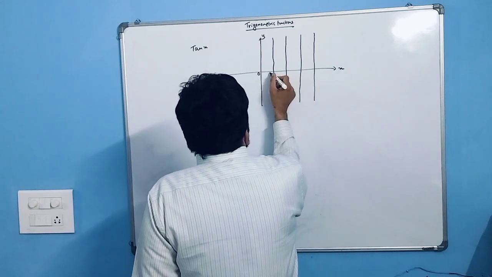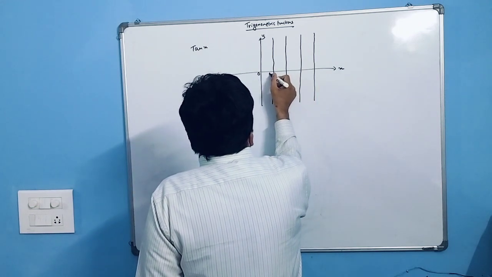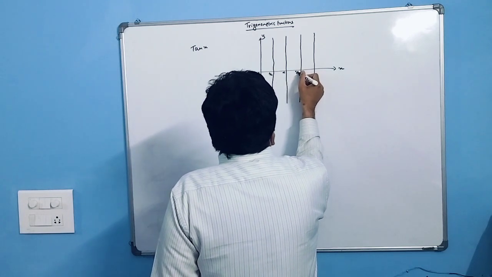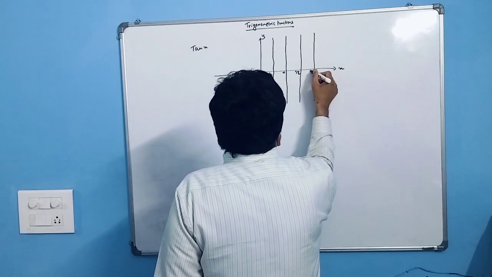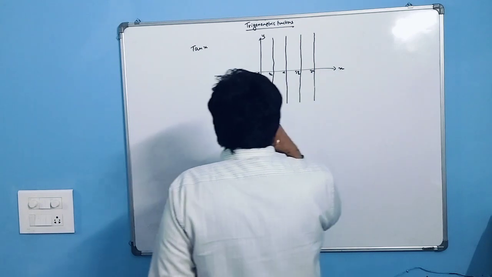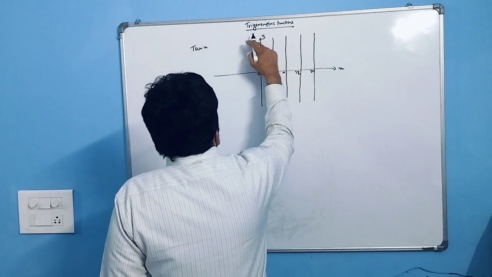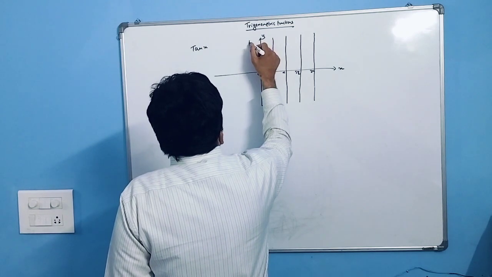Likewise, it is pi by 2. It's pi. It's 3 pi by 2. It's 2 pi. Okay. Similarly, we'll draw here also.